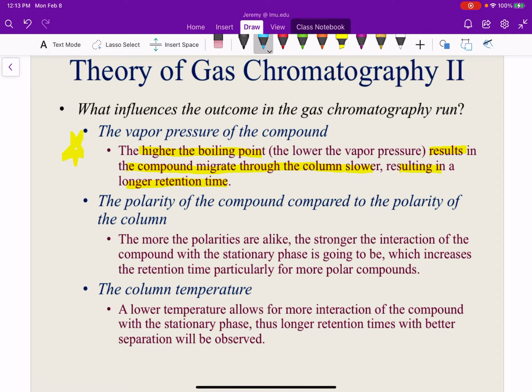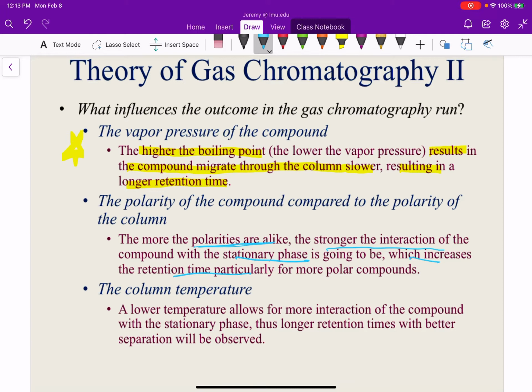All right. In other chromatographies like TLC, thin layer chromatography, polarity is a little bit more important. And again, just to talk about this concept, the more the polarities are alike, your compound and the stationary phase, the stronger their interaction will be with that stationary phase, which again would increase the retention time.